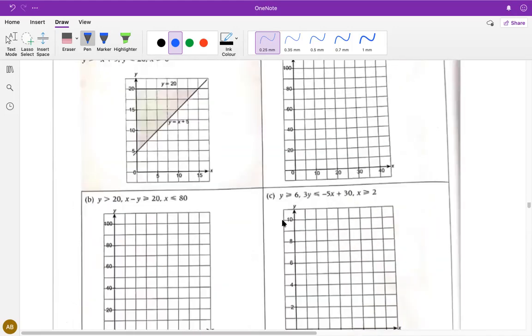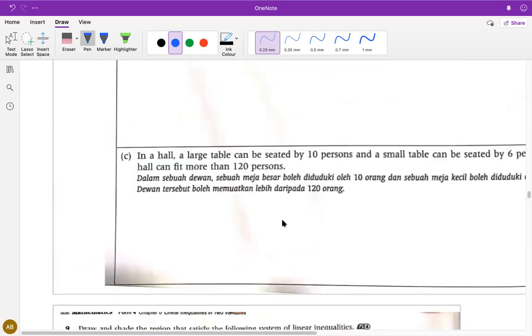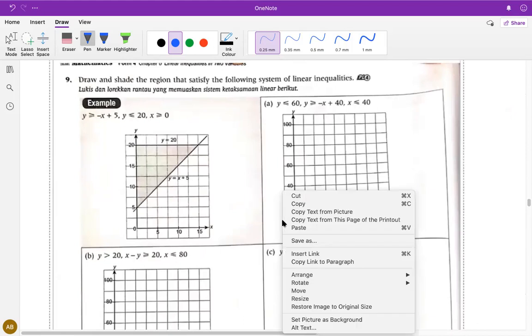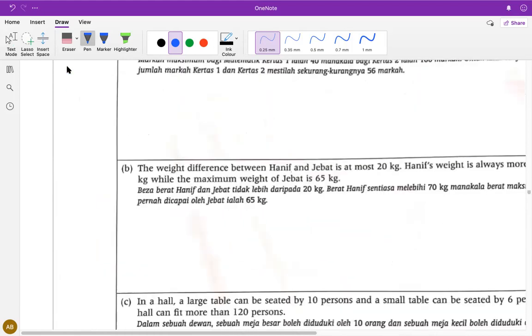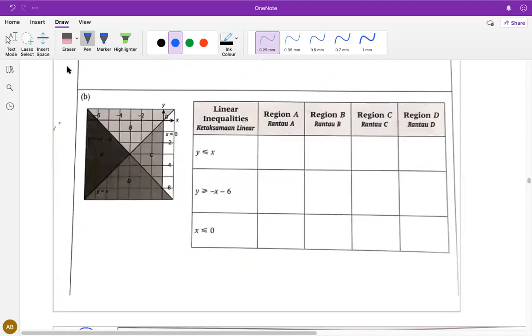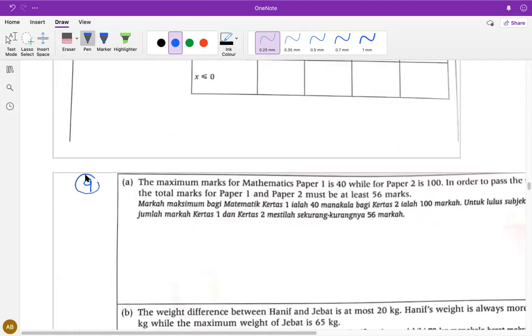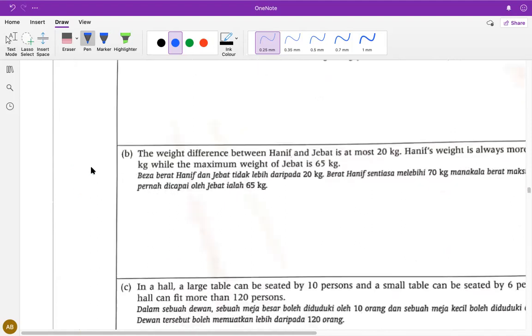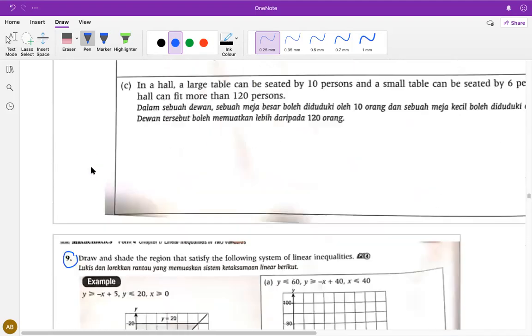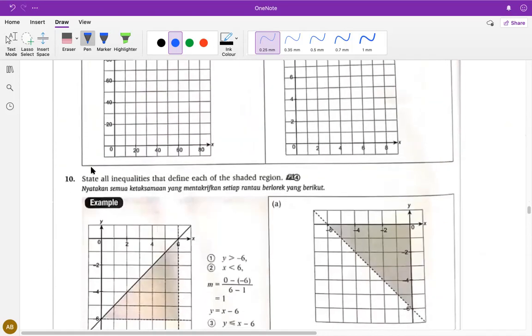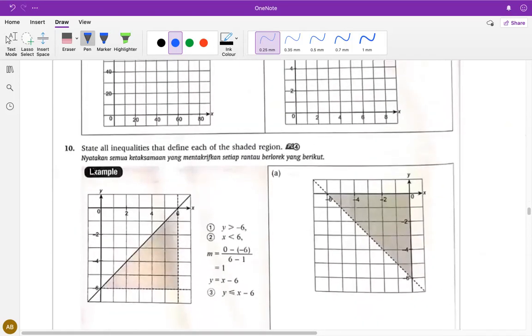Oh, sorry, this is 7, I think. This is question 7. 7, 8, 9. 9 you can try to do. Okay, 10 don't do.